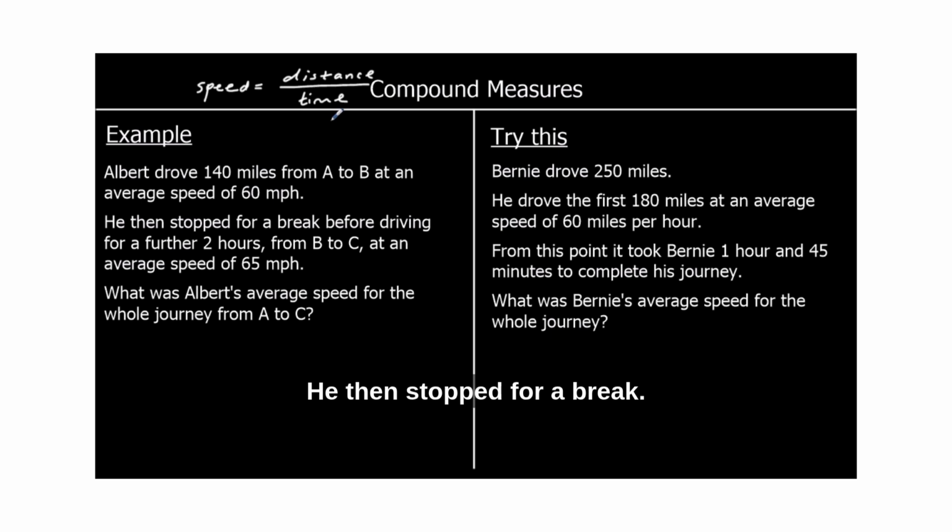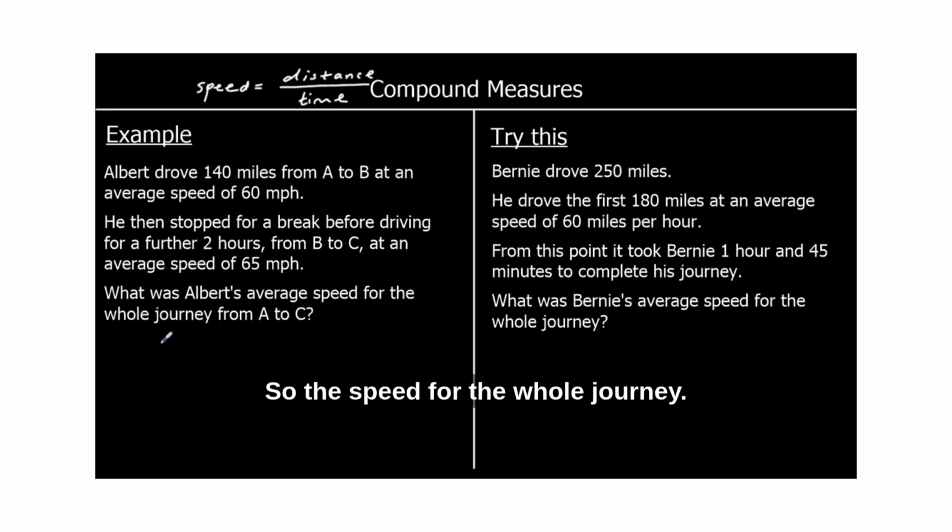He then stopped for a break before driving a further 2 hours from B to C, an average speed of 65 miles per hour. What was Albert's average speed for the whole journey from A to C? So we're given a journey in two parts, and we need to combine them together.